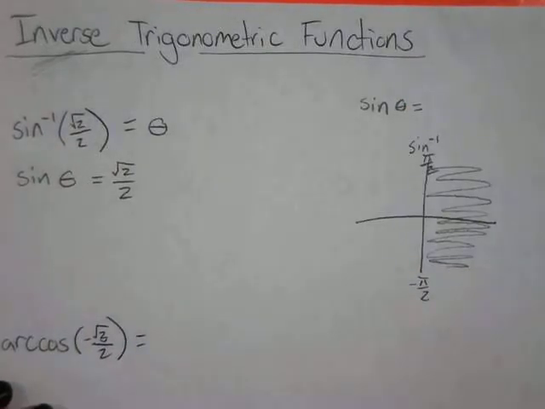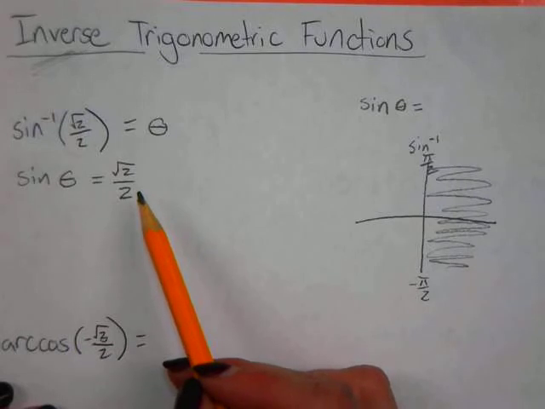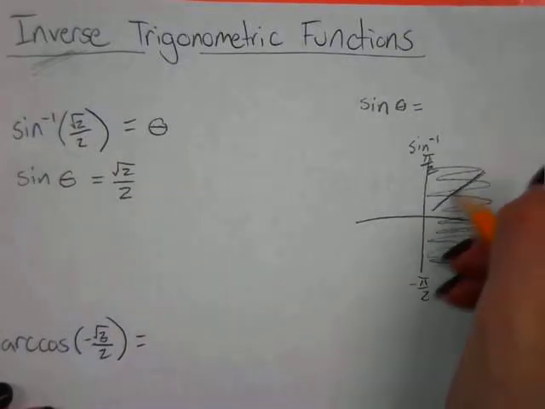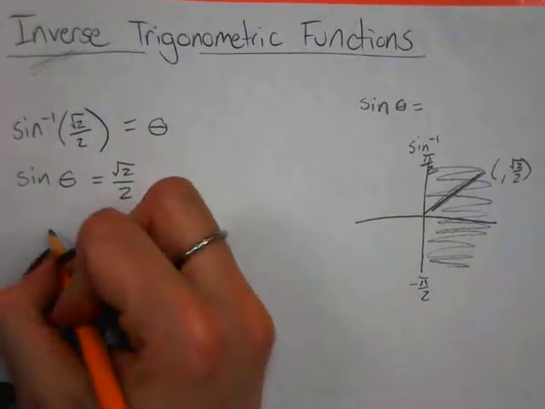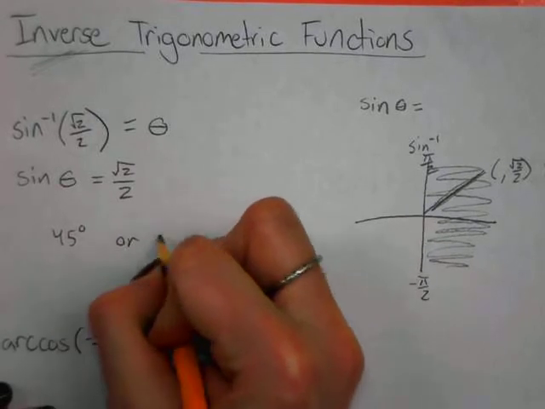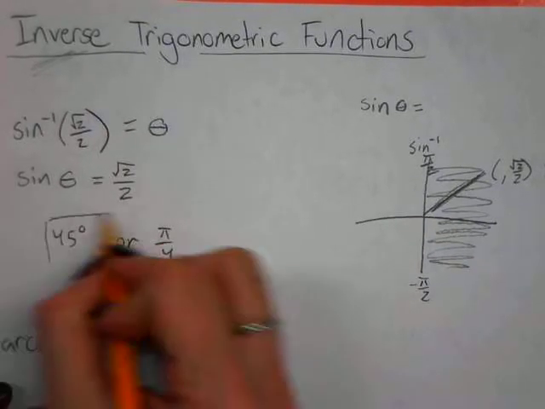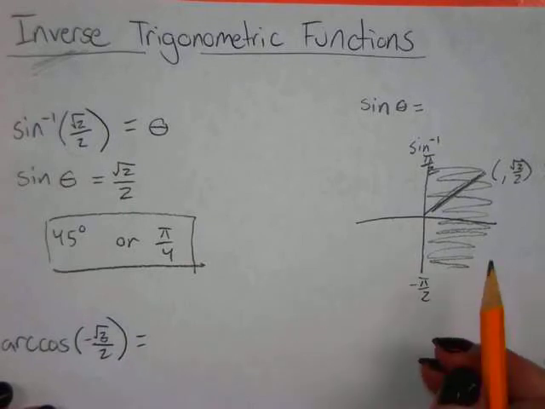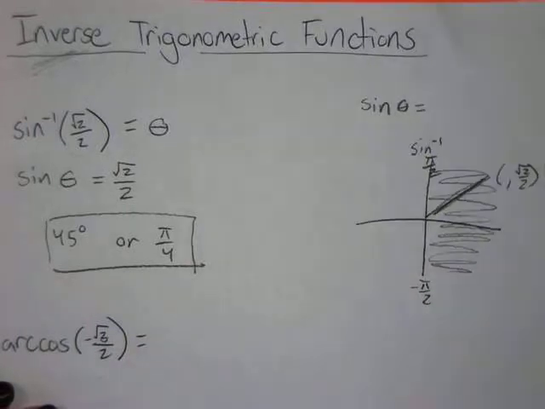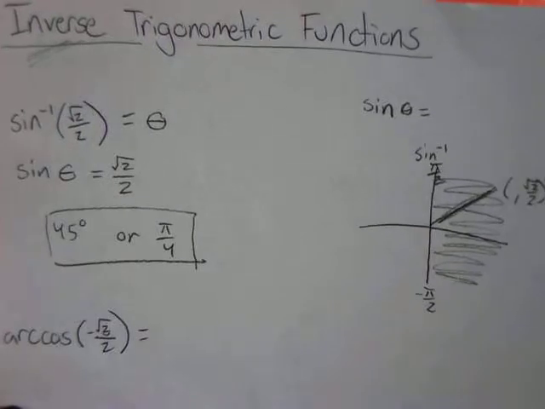So I'm looking for an angle in either of these two quadrants that would give me a sine of root 2 over 2. And that's going to happen right here in the middle of quadrant 1 at 45 degrees, or in radians you could write it as pi over 4. So that could be my first one. Inverse sine of root 2 over 2 could be either 45 degrees or pi over 4.